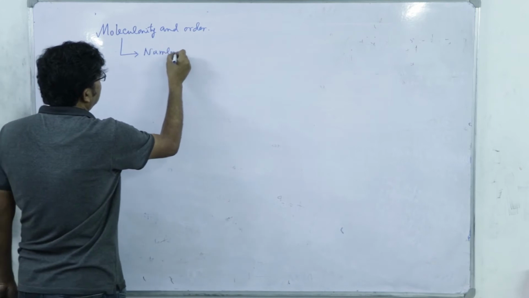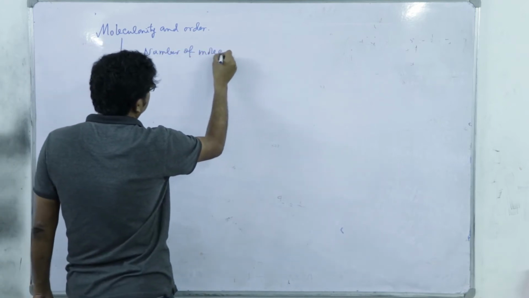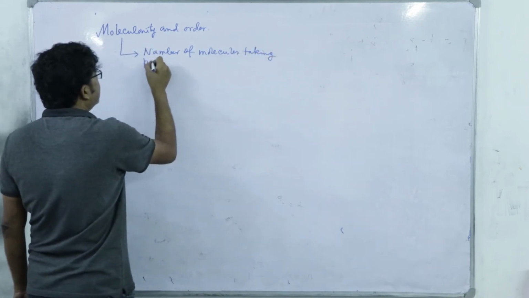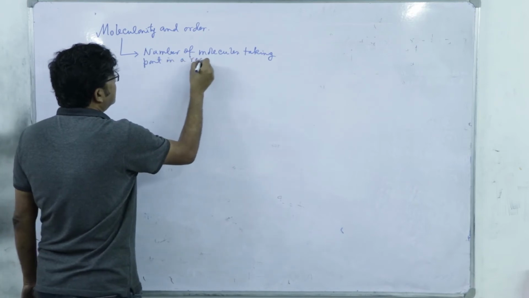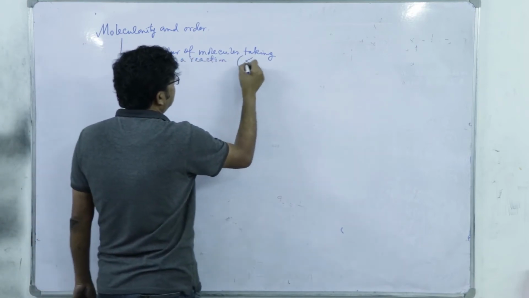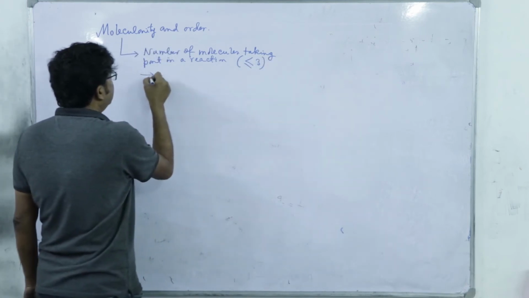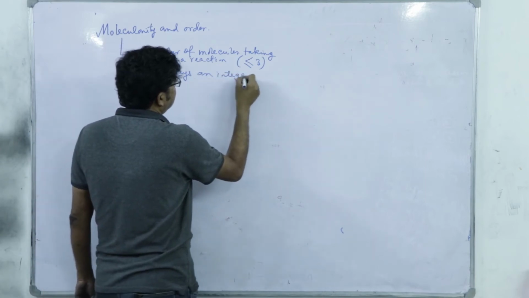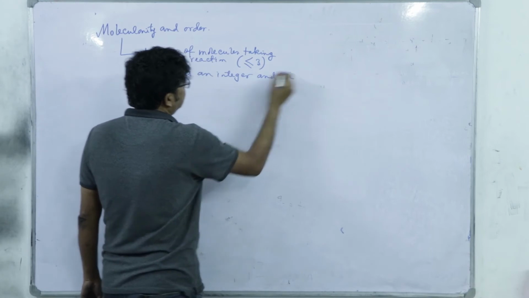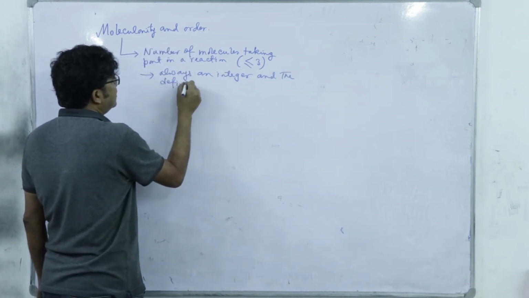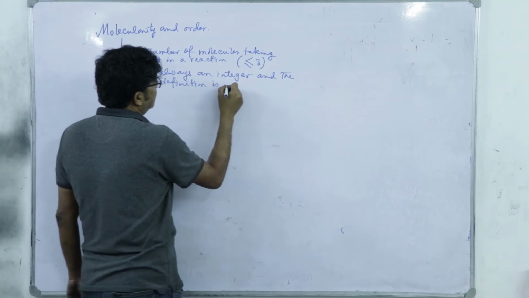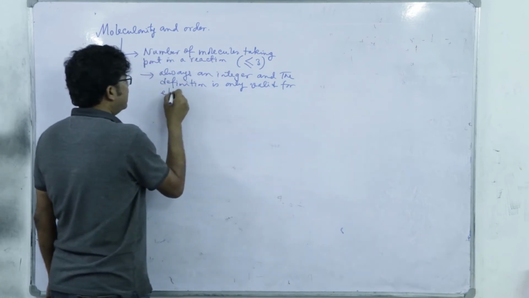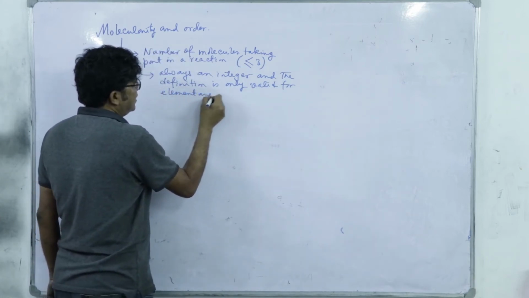Number of molecules taking part in a reaction, right, and it will be less than or equal to 3, always an integer, and the definition is only valid for elementary reaction. Non-elementary reaction we cannot define molecularity.